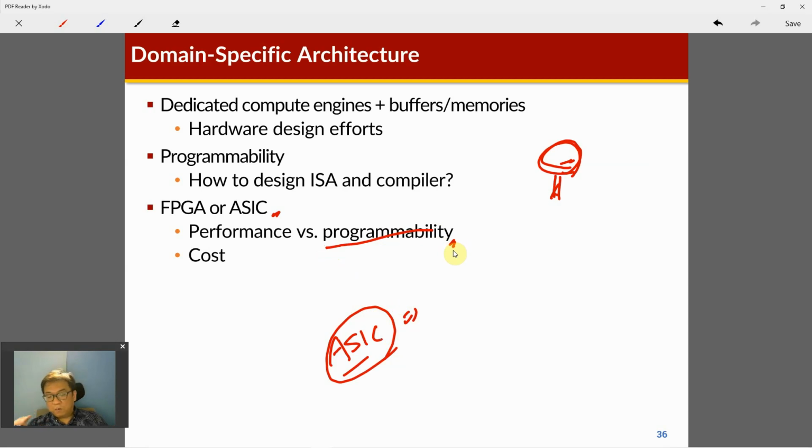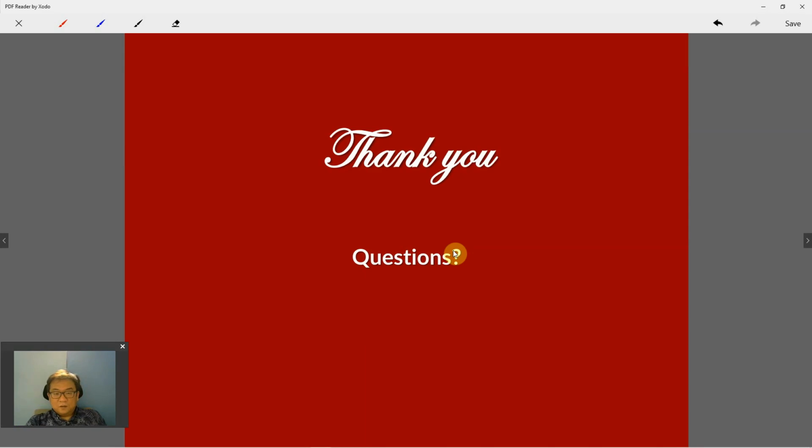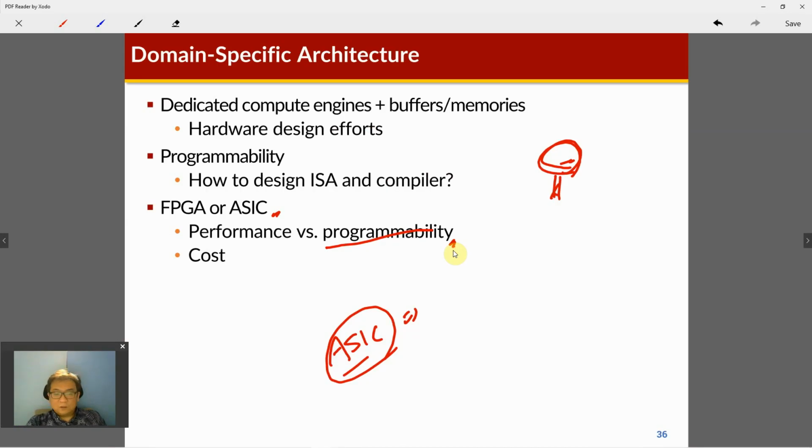But FPGA is different. FPGA is the programmable gate array, so we can implement any hardware in the FPGA. But the main issue of the FPGA is the performance and the power consumption, and also the FPGA is expensive. Okay, so I will conclude this domain specific architecture, and this is the last topic of this course.